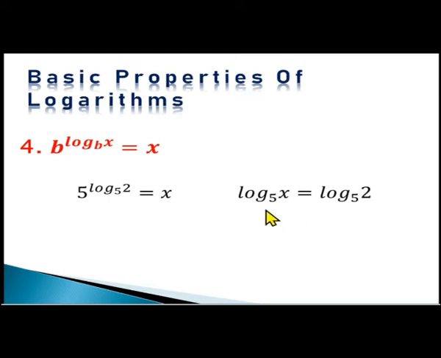As you can observe, our logarithms have equal base, that is 5. And applying our one-to-one property, since their bases are equal, therefore x is equal to 2.